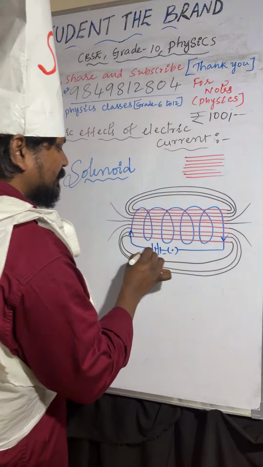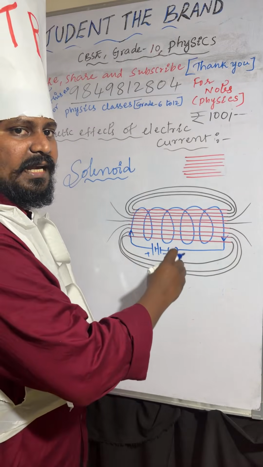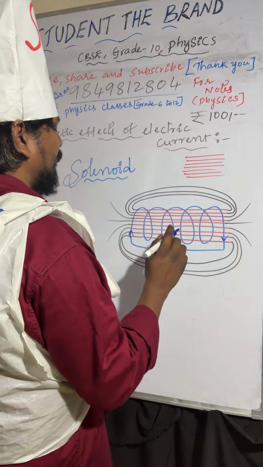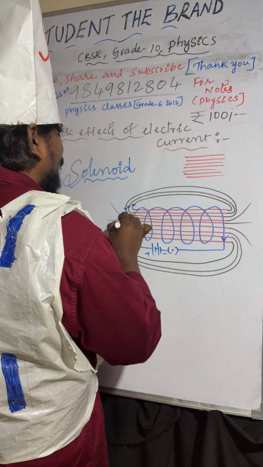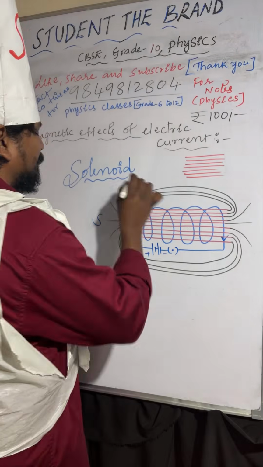So if the current is passing to this end, automatically the magnetic field will reach to this one. Then that is south pole. This is south.